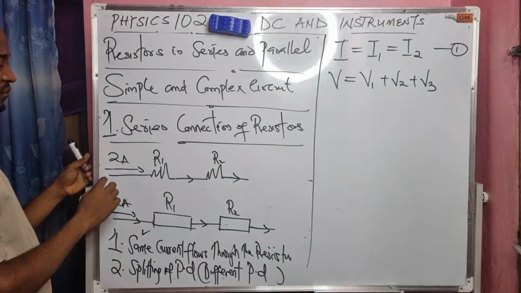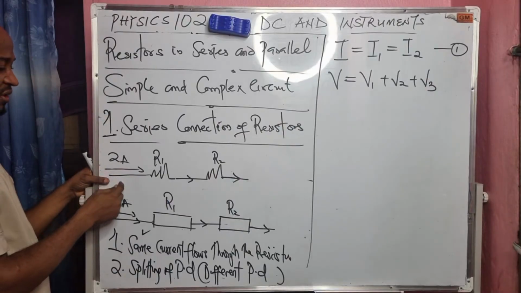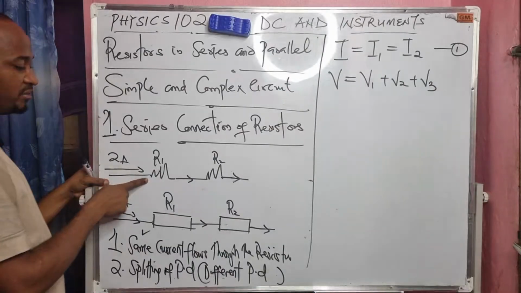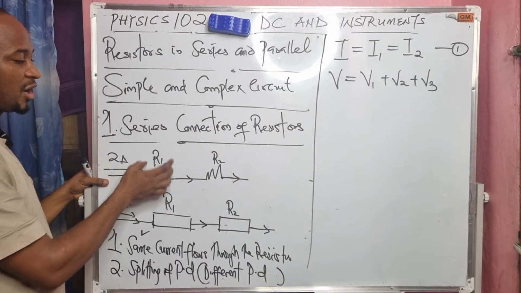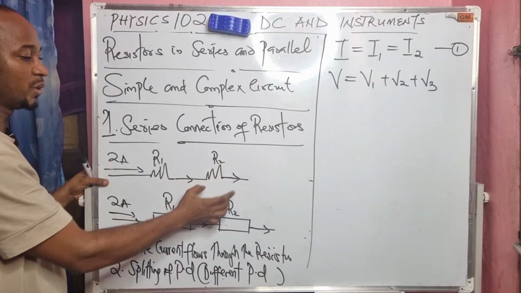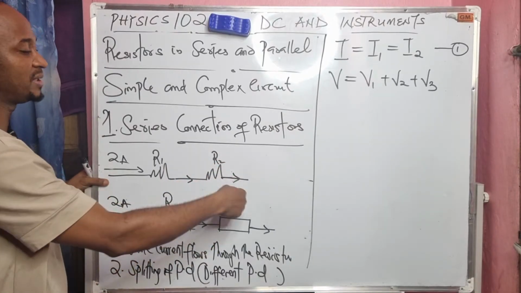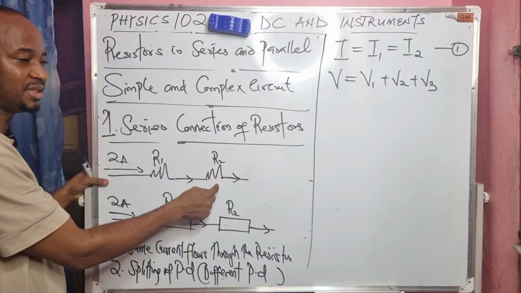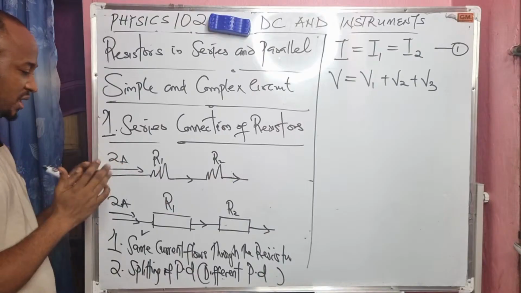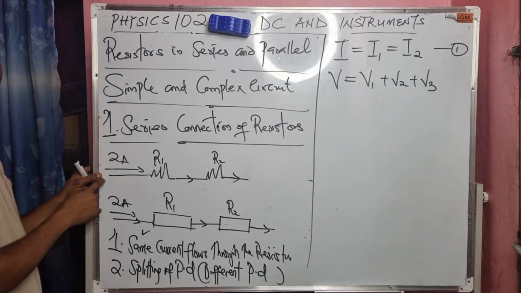Let's say, for example, the voltage source is 20 volts. As the voltage is coming, it will split. Maybe R1 takes 15 volts, then R2 takes 5 volts. But at the end of the day, when you add up the PD in R1 and R2, it must give you the total voltage of the circuit.